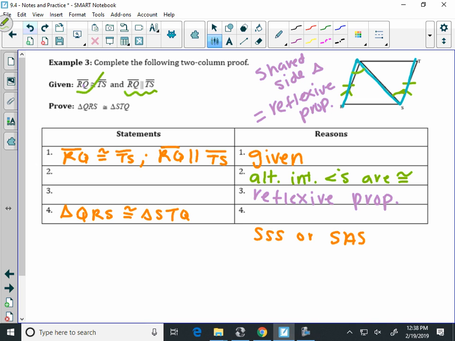So we just have to name what those are. I'll name the first one. I'm going to name that RQS. I went from one tick mark, arc, to nothing. Follow that same pattern. If we want RQS, how do we have to name that other angle?